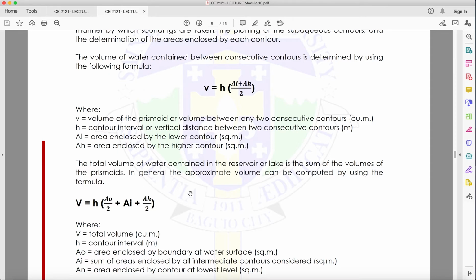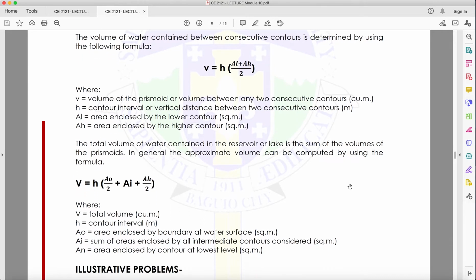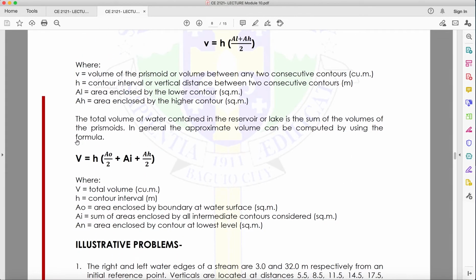In general, the approximate volume can be computed using the general formula. V is equivalent to H times (AO over 2 plus AI plus AN), where AO is the area enclosed by the boundary of the water surface, AI is the sum of the areas enclosed by all intermediate contours considered, and AN is the area enclosed by the contour at the lowest level.